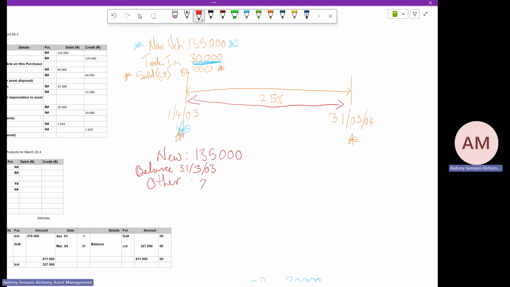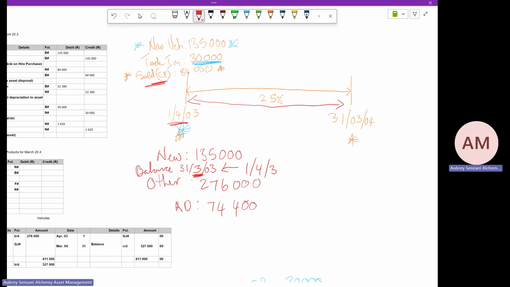And then your accumulated depreciation on vehicles, AD, was 74,400. This is the day before the 1st of April 03. Remember, we only sold this vehicle on the 1st, so the vehicle that we sold on the 1st was included in all the vehicles on the 31st.